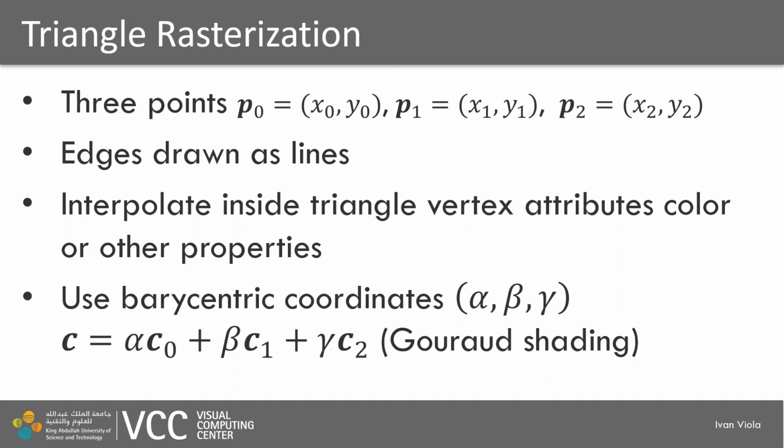For that, we are using the barycentric coordinates, which we already introduced some time ago, and those will turn out to be very useful here, because with barycentric coordinates we can interpolate any value which is stored at the vertex, whether it is a color, normal value, or a texture coordinate.